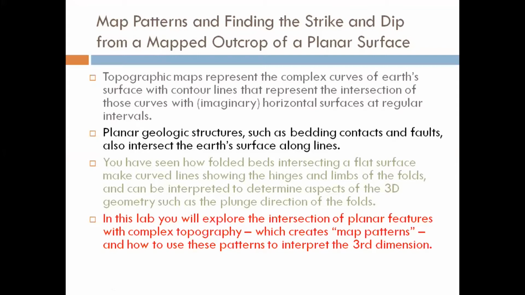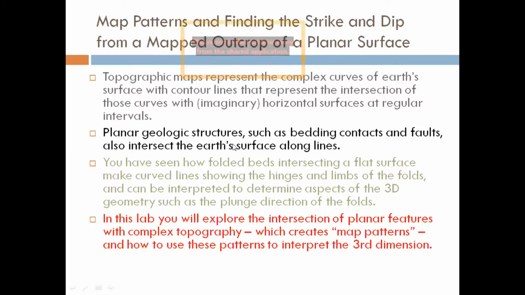You use the topographic map as a base map for your geological mapping, and that way you can see different lines. Mostly topographic lines or contour lines are represented by dotted lines, and the contact lines are mostly marked by solid lines.